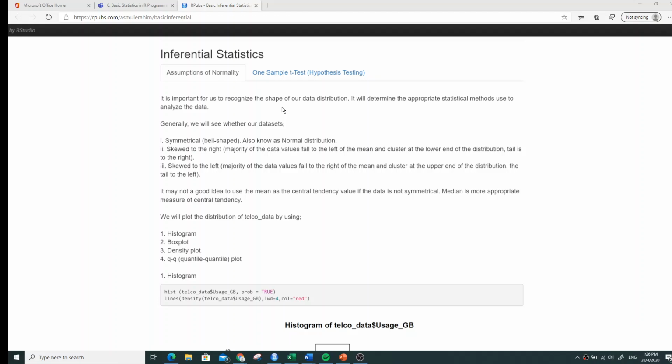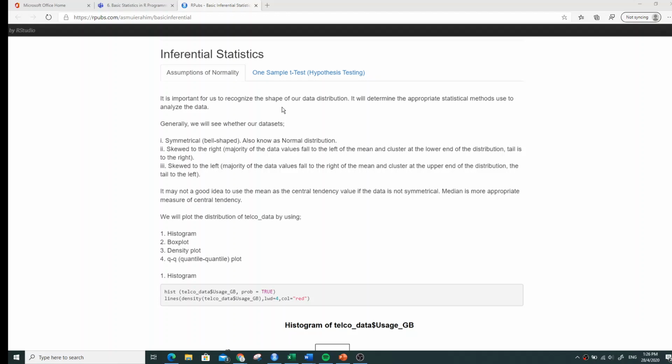When you have normal data, it is best suited if we use mean as our hypothesis testing and so on. If there is serious skew to the right or skew to the left, it means that we might have to consider using median as our measure of central tendency.